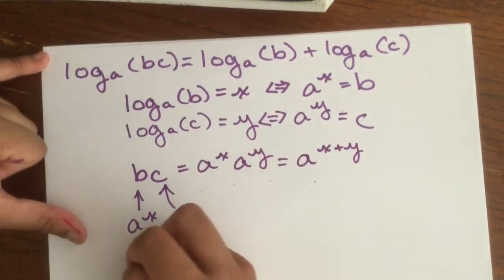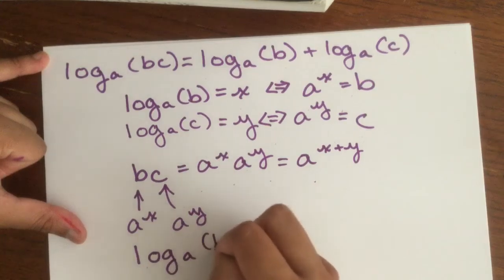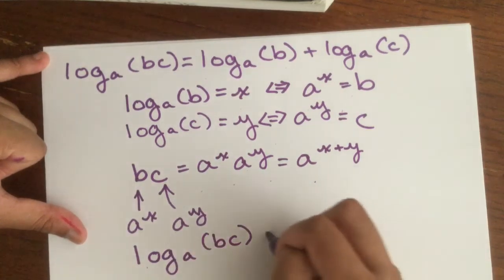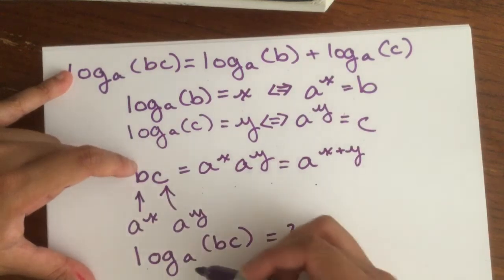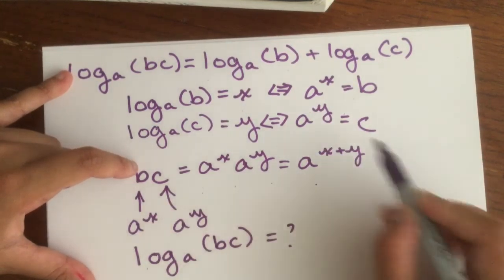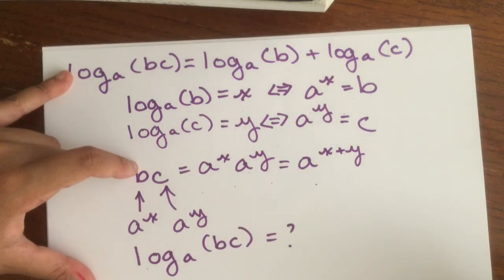Now let's look at log base A of BC. We still don't know what this is, but we know that when we raise A to the x plus y, we get BC. But isn't that what the log was asking? Yeah, so this question asks, what power do we raise A to get BC?